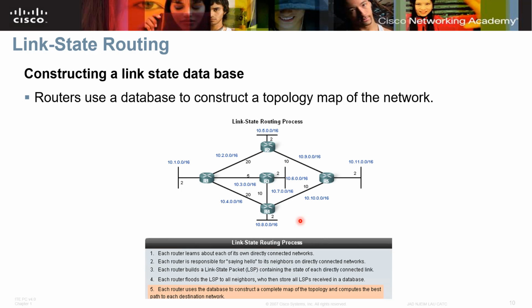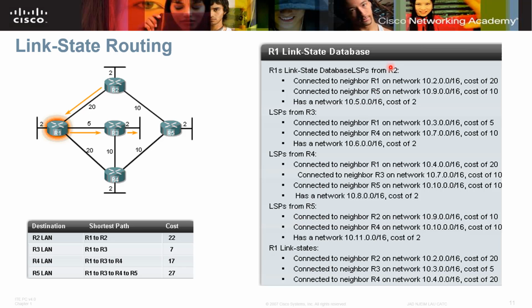After this flooding, we construct a link state database. From this database, we run the Dijkstra algorithm to build the shortest path first tree, and from this tree we generate a routing table with the shortest path to all destinations.